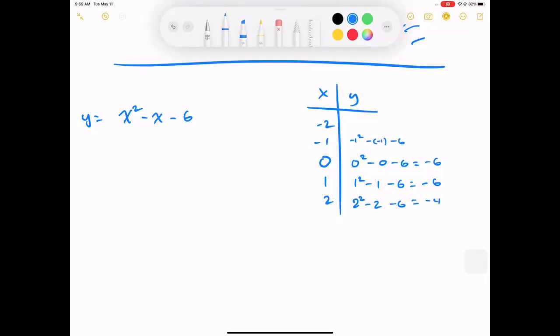No. 1 plus 1 is 2. And then 2 minus 6 is negative 4. Hey, look, we're starting to repeat. Do you guys see how we're repeating here? At negative 2, squared minus negative 2 minus 6 is 4 plus 4 is 8, and 8 minus 6 is 2.